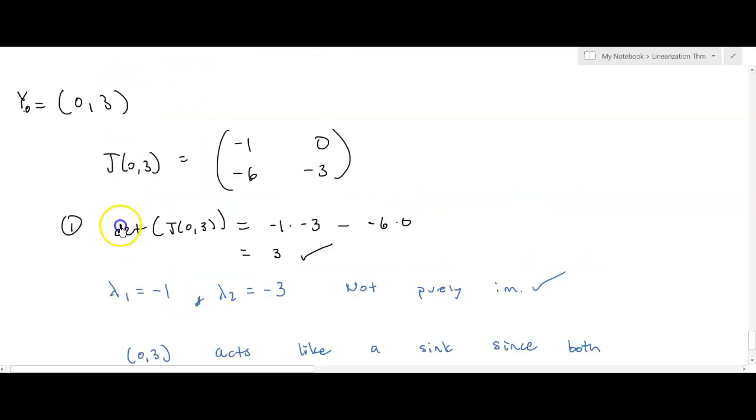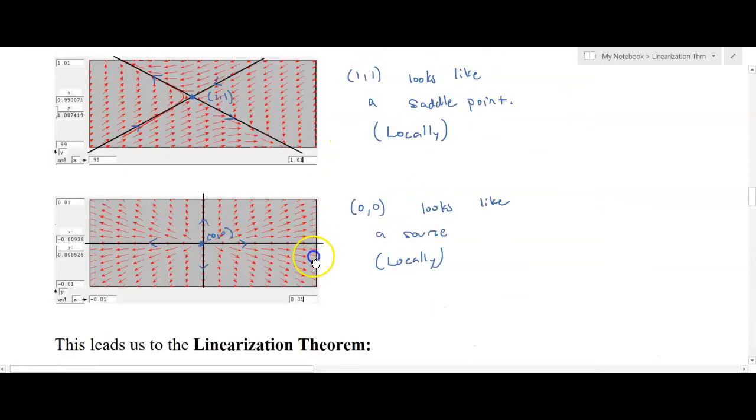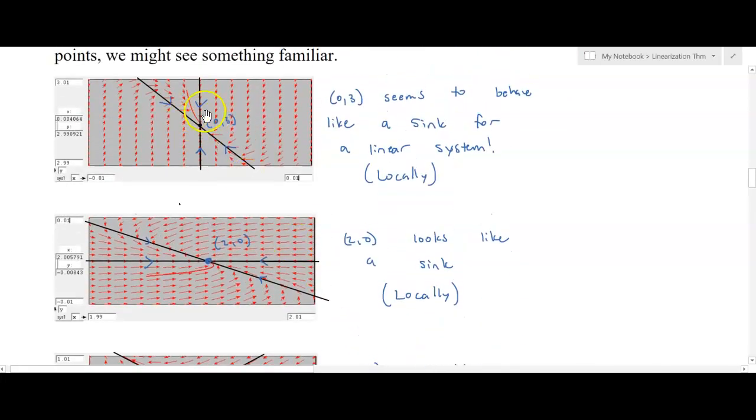And that matches our picture that we looked at locally near the point 0, 3 in the phase plane right up here. At 0, 3, we saw that it must have had negative eigenvalues. And by the way, I didn't show the eigenvectors, but if you calculated them using Wolfram Alpha, you would notice that one of them would lie straight up and down, and the other one would lie on this diagonal. So you could even sketch this phase portrait pretty accurately near 0, 3.